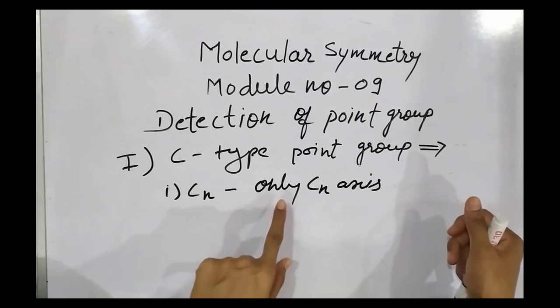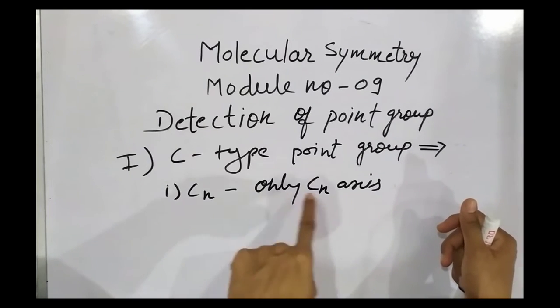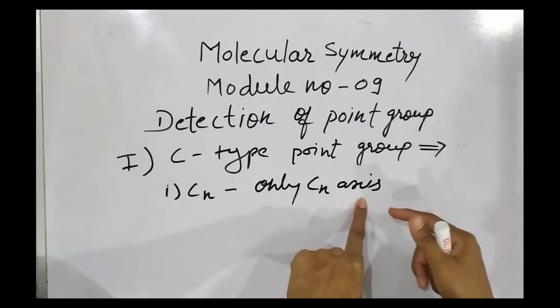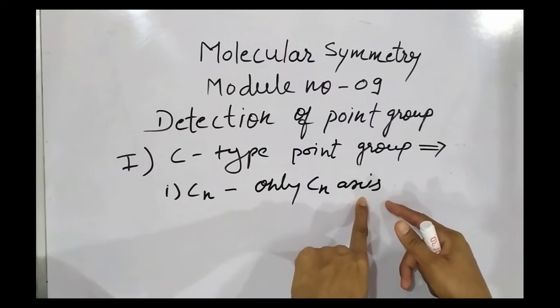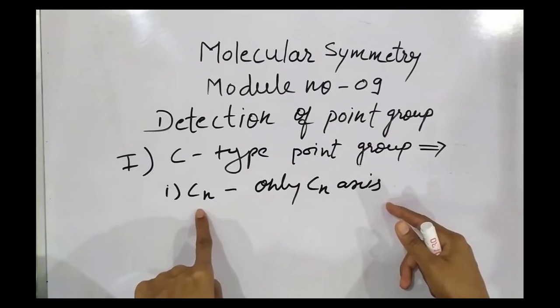So if a molecule possesses only a CN axis, then that molecule belongs to the CN point group.